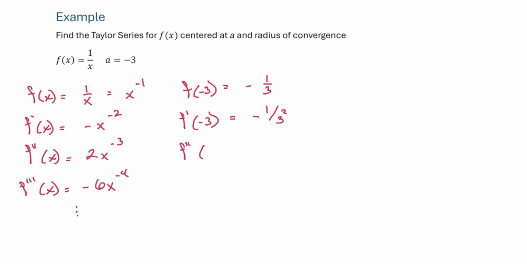The second derivative at negative 3 is negative 2 divided by 3 cubed. Third derivative at negative 3 is then negative 6 divided by 3 to the 4th. And again, that pattern continues forever.